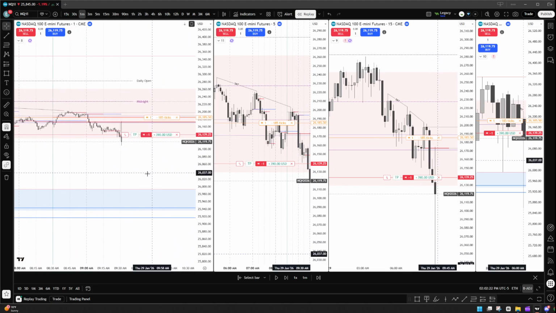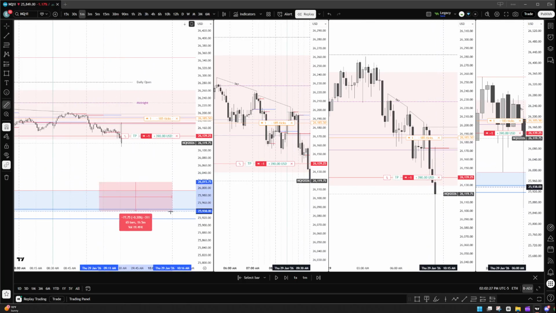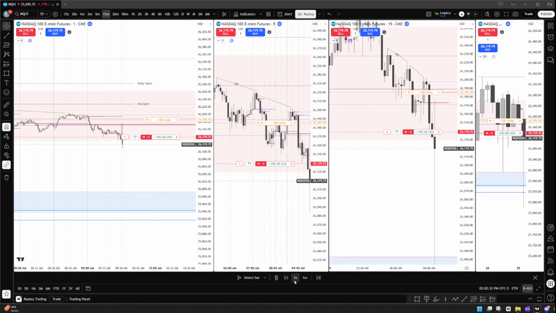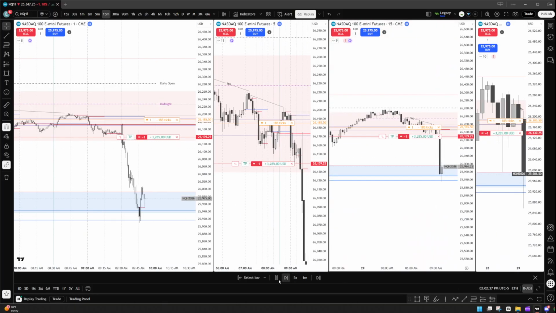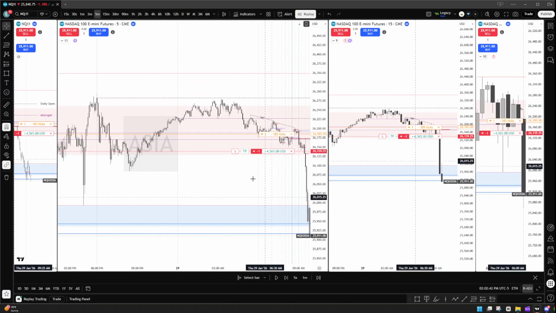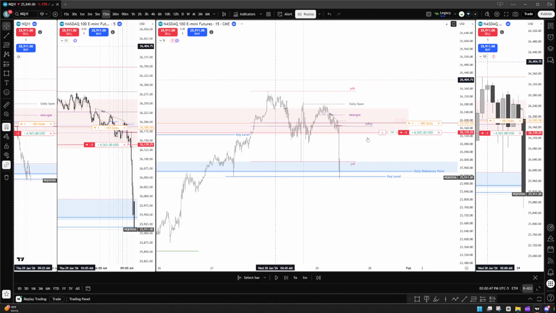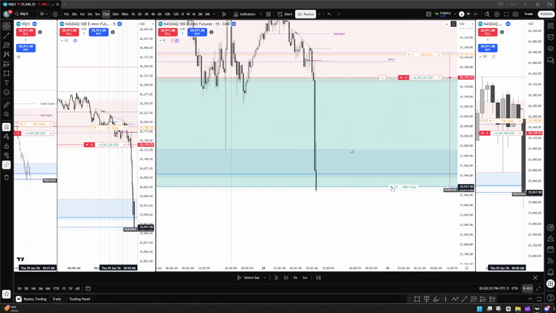In my live session and tape reading, I ended up scaling out everything down here, but I let a runner run down here, and then obviously we end up running all the way down to our key level, which you can see. Boom. Perfect trade. Close it there. That was the trade.